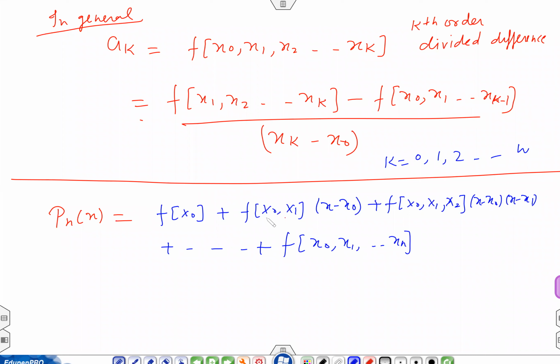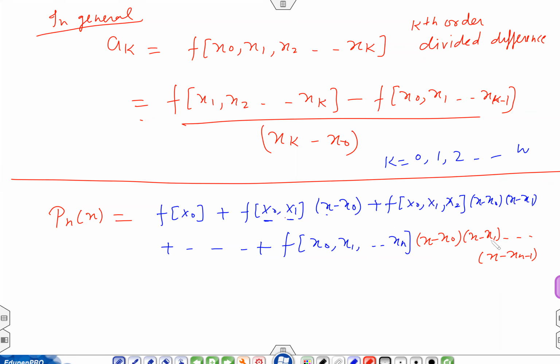I'm writing here when it is x0 and x1, then the multiplication is a polynomial of degree 1. When there are 2 points in f, there is a multiplication of this function with a polynomial of degree 1. Since f contains n plus 1 terms, x0, x1, x2, up to xn, the multiplicative polynomial will be what? It will be x minus x0, x minus x1, up to x minus xn minus 1.